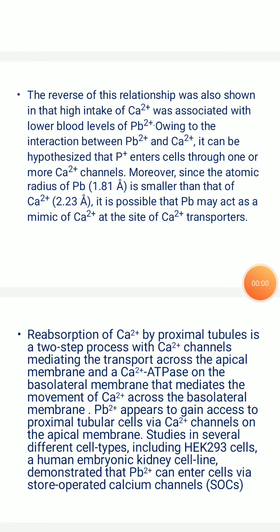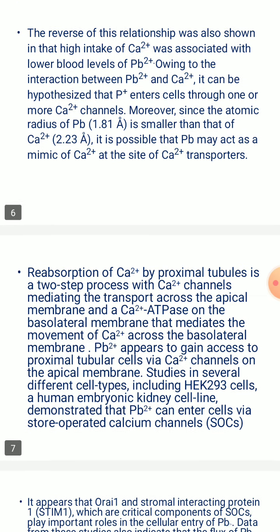So what we were discussing is that lead is possibly going to mimic calcium at the site of the Ca2+ transporters, that is calcium transporters. So how is this reabsorption of calcium done by the proximal tubules? We will see.